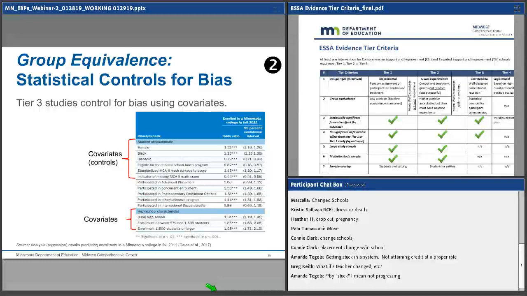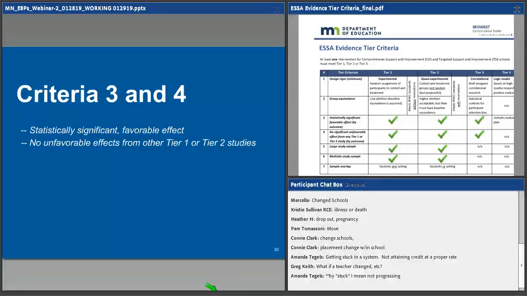You see participation in concurrent dual enrollment, etc., in some rows. But you also see these controls, which are also known as covariates. Whenever you see these results tables with different student characteristics like Hispanic, Black, English as a second language, etc., you have a good sense that the study is indeed controlling for bias, and that it's at least going to meet Tier 3.